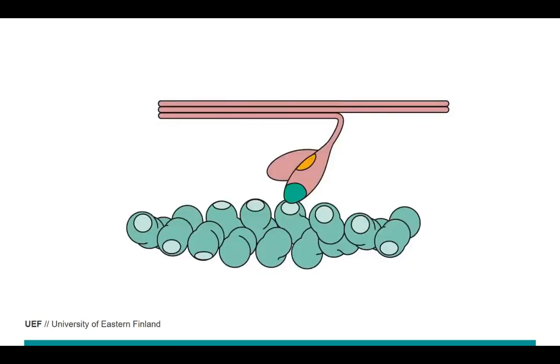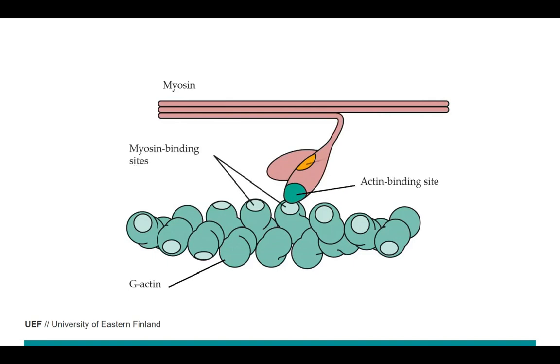Okay, let's have a closer view on how the myosin and actin are interacting. So we have myosin, we have actin, and they have binding sites for each other, and the myosin has also a binding site for ATP. The structure of myosin when it's binding on actin is just a transient state.